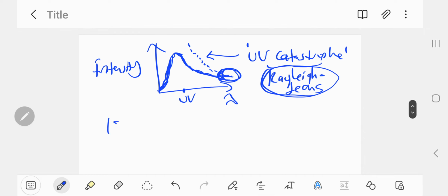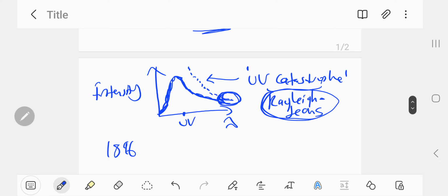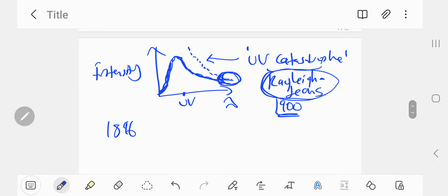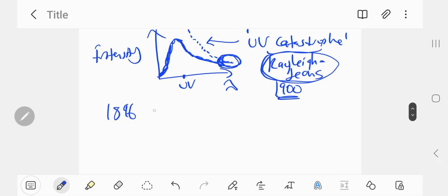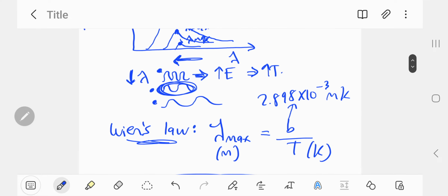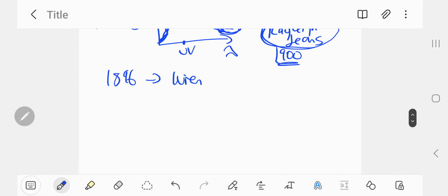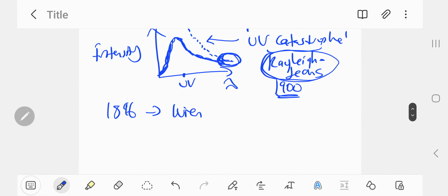Now, I should say the Rayleigh-Jeans law was developed around 1900. Just before that, 4 years before that, in 1896, the German physicist Wilhelm Wien, the same guy from Wien's law up here, proposed a theory, a model, just like Rayleigh-Jeans, but it turns out that it actually worked at high frequencies and it failed at low frequencies.